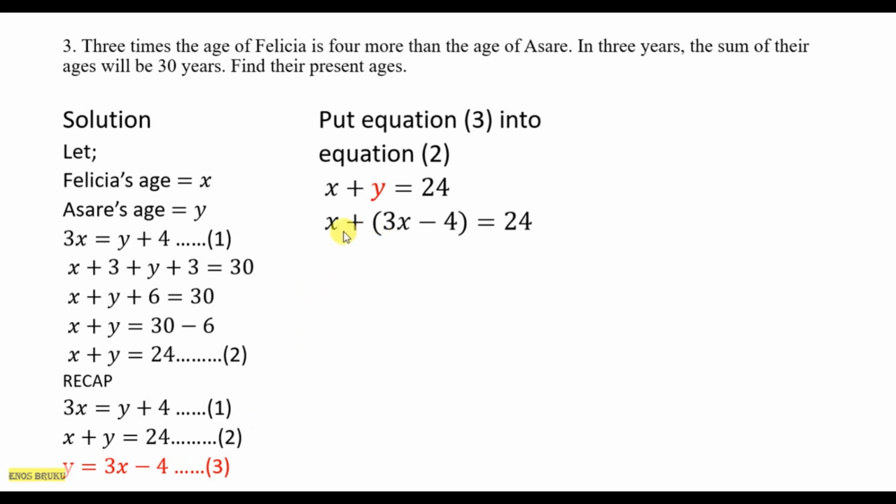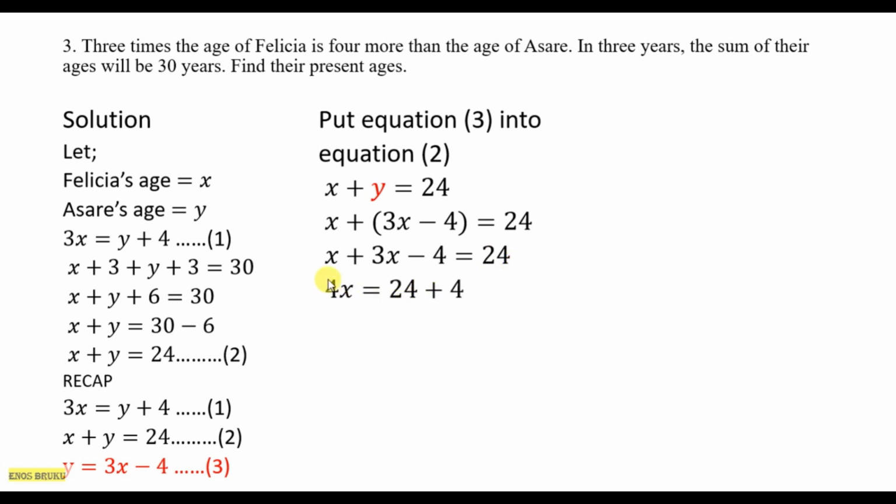Now instead of having x plus y, we're going to have x plus 3x minus 4. So we remove the bracket and then we group like terms. Okay, so we have x here, 3x here, x plus 3x will give us 4x, and then we can move the negative 4 to the other side so that it will join the other constant.